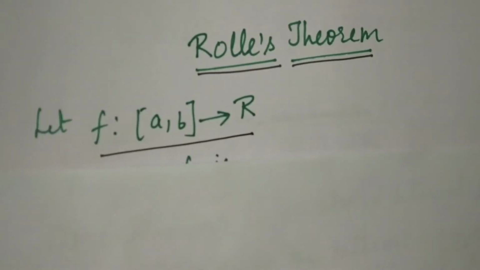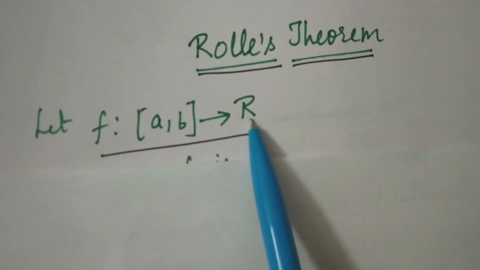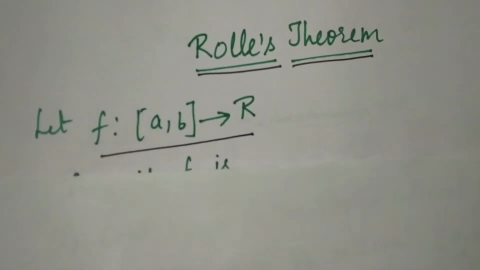Let f(x) be a given function having domain as the closed interval [a, b] and codomain as the set of real numbers.